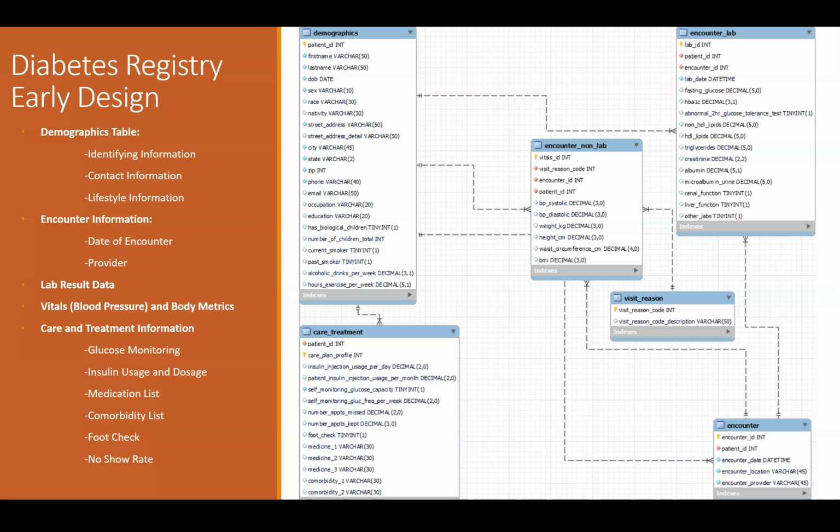There is a demographics table, an encounter information table, a lab result table, a vitals table, that's the encounter non-lab table here, and a care treatment information table, and also a separate table that we will use to monitor or grade the reason for the visit, which we're going to define as a routine visit, a diabetes check visit, or an acute state visit of 3 different levels.